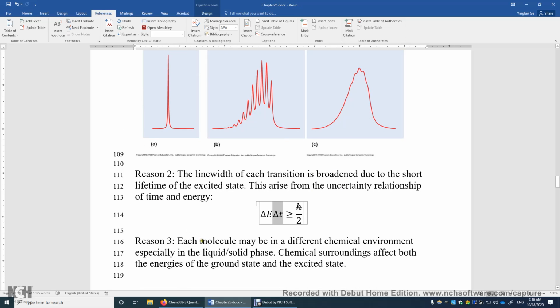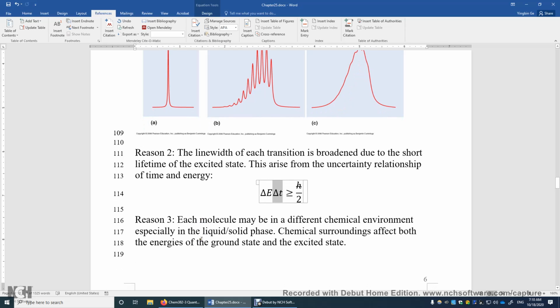Reason 3: each molecule may be in a different chemical environment, especially if you are taking the UV-Vis spectrum of a liquid sample or a solid sample or a solution.